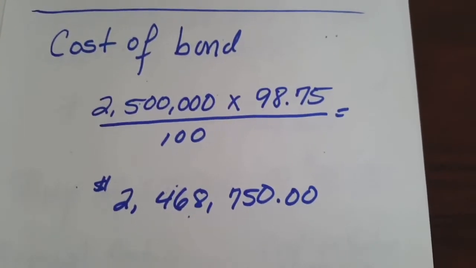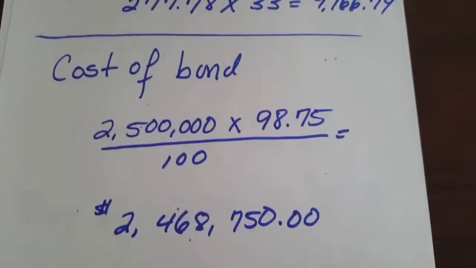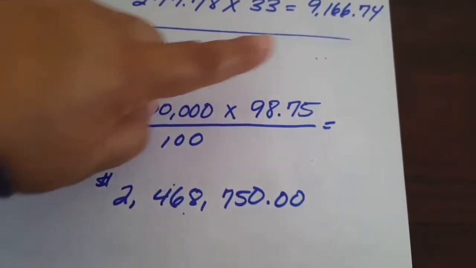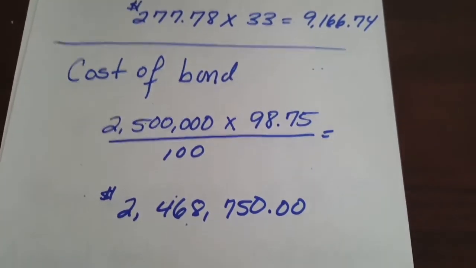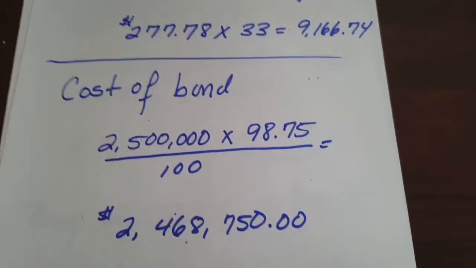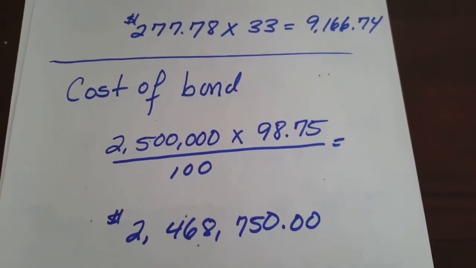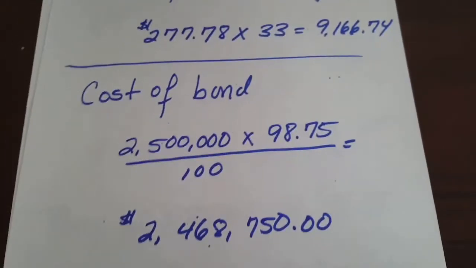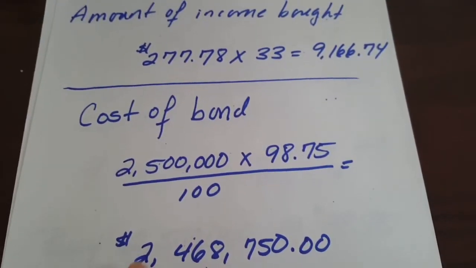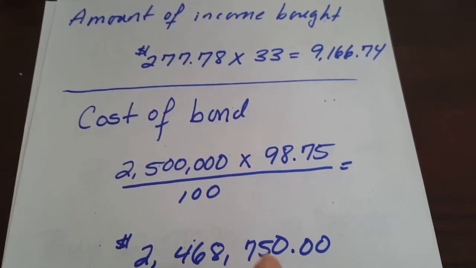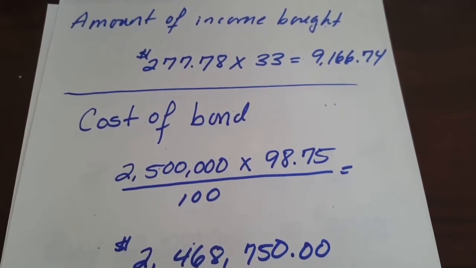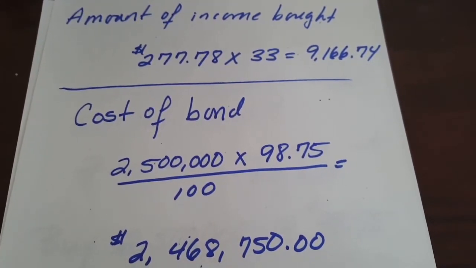Now that is what I paid for the bond, right? I calculated the amount of income in that trade. So I would pay the previous holder $2,468,750 for that bond, because that's the value of the bond.